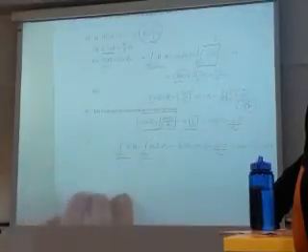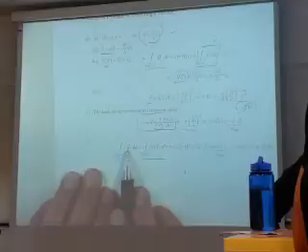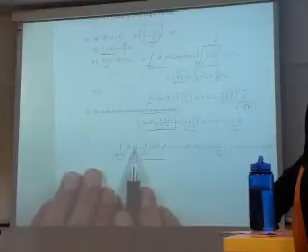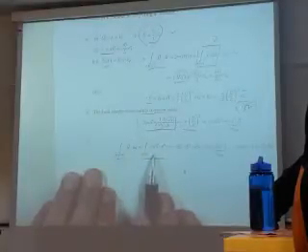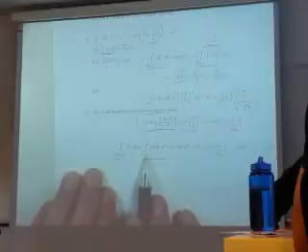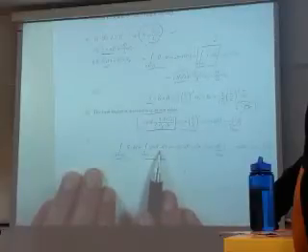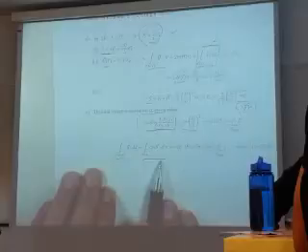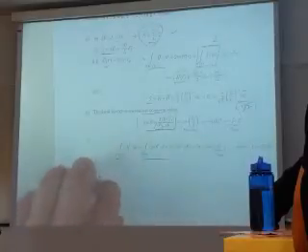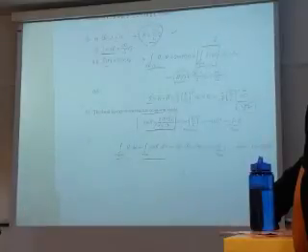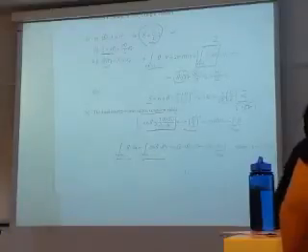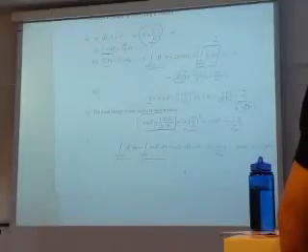Because integrating a vector's divergence in the volume is the same as integrating over the surface. Gauss's law says the volume integration of the divergence equals the surface integration.